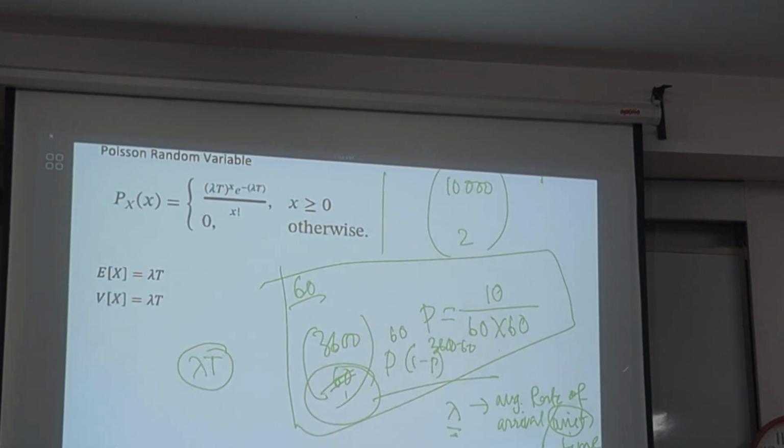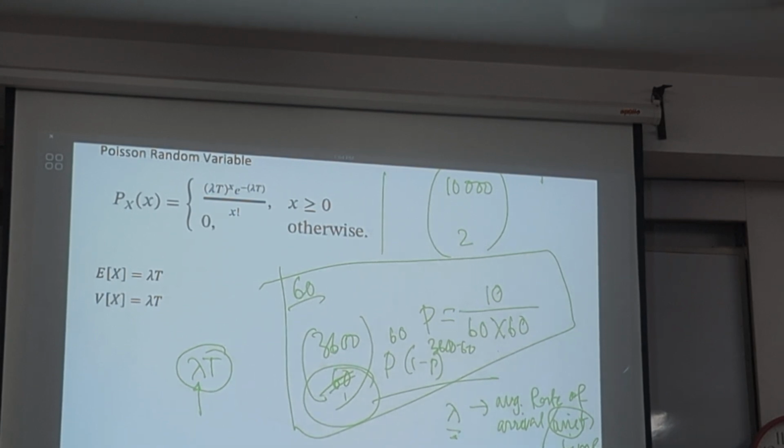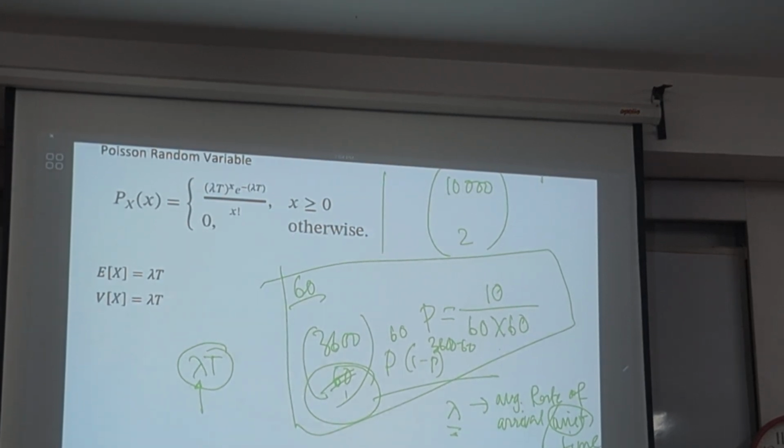What does lambda indicate? Lambda indicates the average number of arrivals per unit time, say in 1 minute. If you are considering 10 minutes, then the average quantity is lambda times 10.